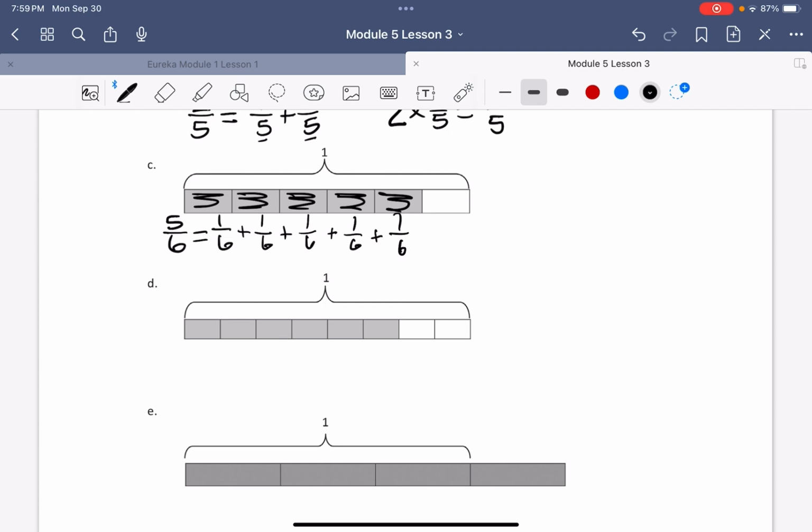So if we count, how many 1/6 did we have? We had 5 times 1/6, because we had 5 1/6, which also equals 5/6.